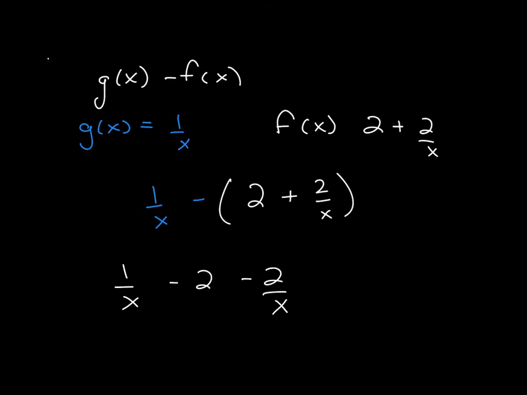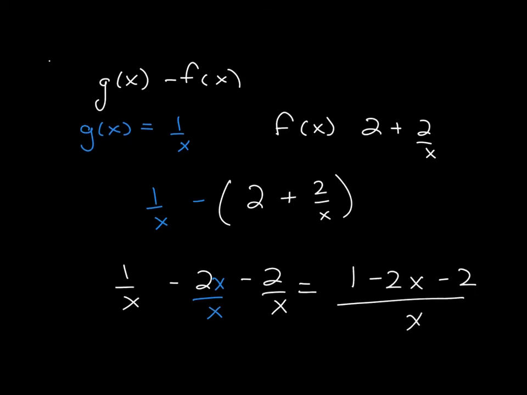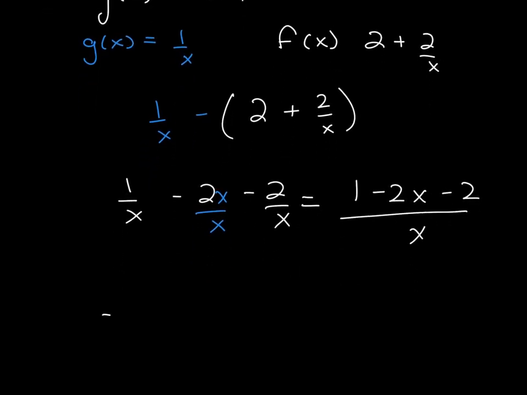I do need a common denominator, so that gives me an x in the numerator and the denominator, which leaves me with 1 minus 2x minus 2 all over x, or negative 2x minus 1 over x.